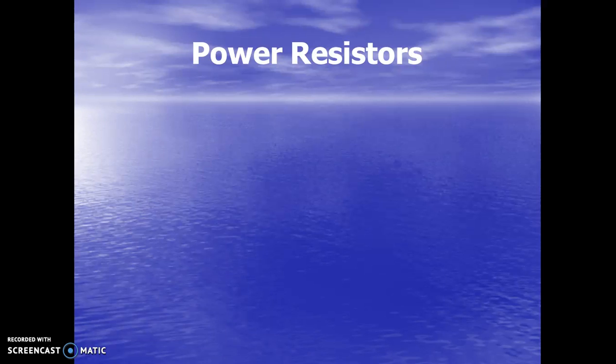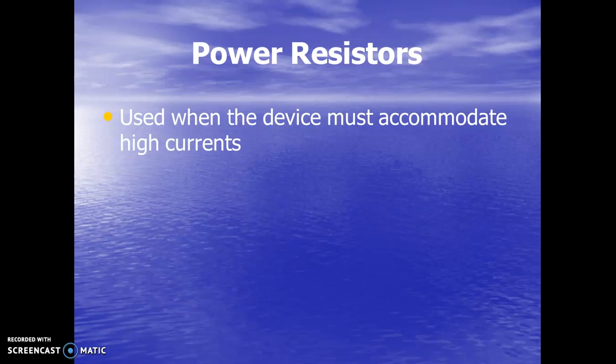Now, resistors and power. It's worth noting that a resistor resists the flow of current, as we've talked about before. Well, sometimes circuits have a great deal of current. And when this happens, remember our power equation, P equals IV.